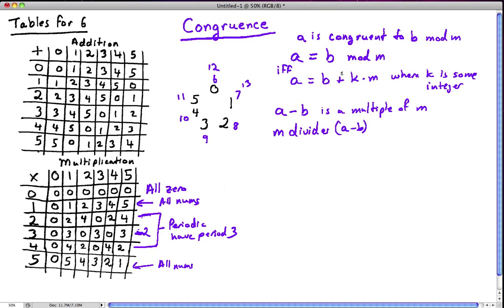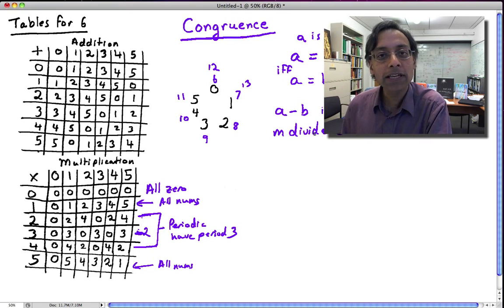A equals B mod M is the same as A equals B plus KM, for some integer K. It is also the same as saying A minus B is a multiple of M. Bring the B over to the other side and you see A minus B is a multiple of M. Or alternatively, M divides A minus B. These are all definitions of congruence.